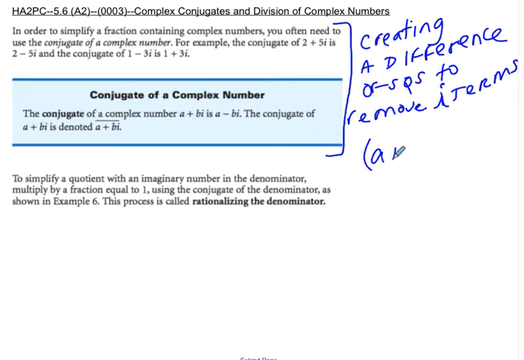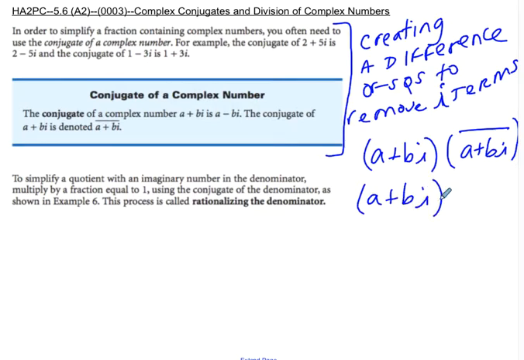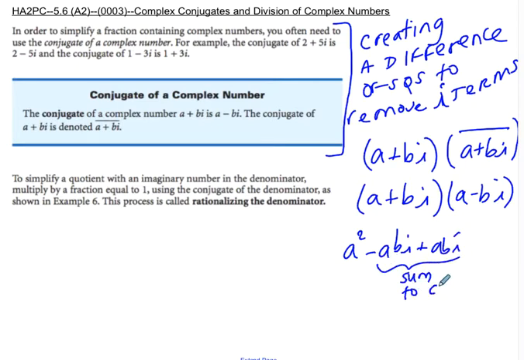If I take a plus bi and multiply it by its complex conjugate, that's the same as a plus bi times a minus bi. Well, look what happens when I FOIL. I get a squared. Outer and inner are going to cancel: I'm going to get a negative abi and a positive abi, and those sum to 0. That's what happens in a difference of squares.